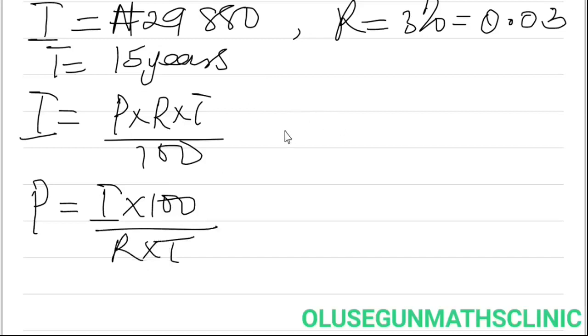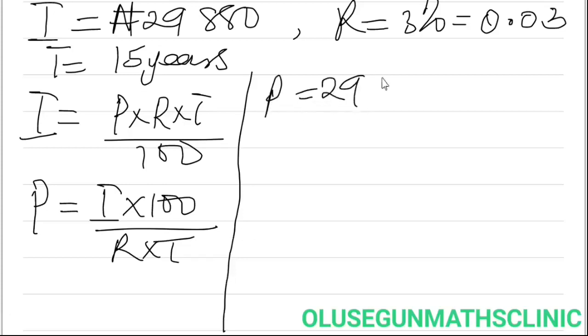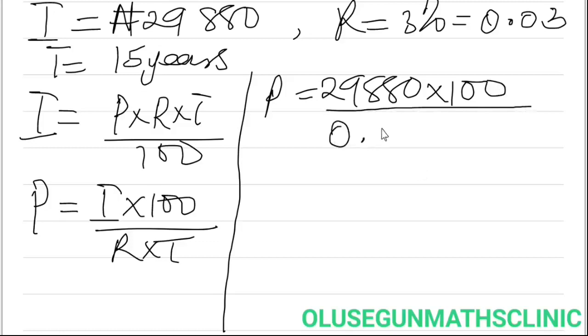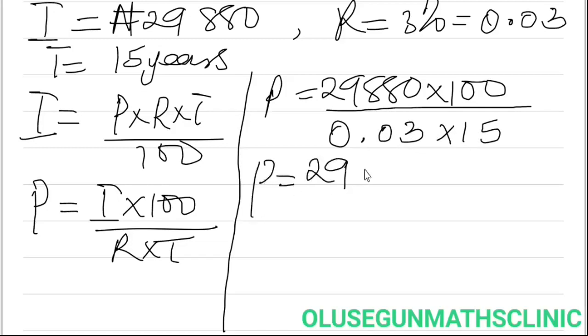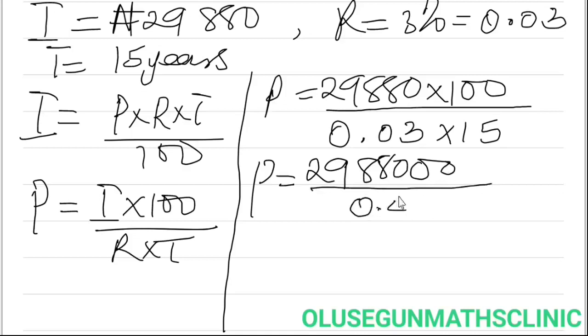So our principal will be 29,880 times 100 over 0.03 times 15. Therefore, our principal will be 29,880 divided by 0.45. Let me press the calculator.